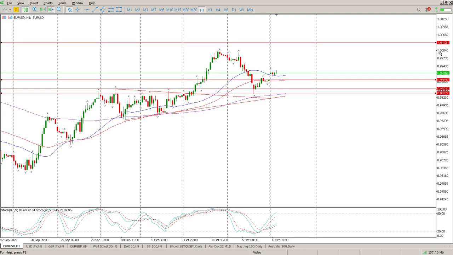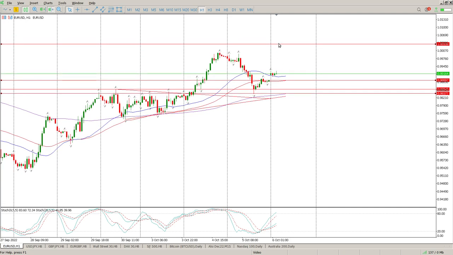Looking for a continuation up to, I doubt we'll get above 1 in actual fact, so I just put this level in here just to protect yourself right here. So that is 0.99600. I doubt we'll get above that until Friday. So non-farm payrolls is going to put this in a range in between those levels that I've given you now.